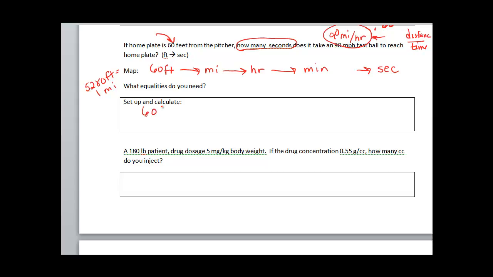So when you start off with that 60 feet, the first thing you want to get rid of is feet and change it into miles. And here's where the 5280 comes in. And now we want to get rid of the miles, and this is going to allow us to change it into hours. Our pitch is going 90 miles for every hour. We now need to get rid of hours and change them into minutes, and there are 60 minutes in 1 hour.